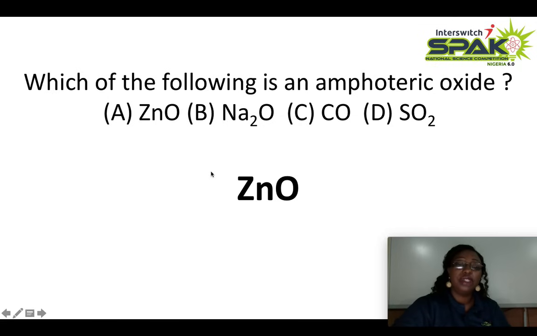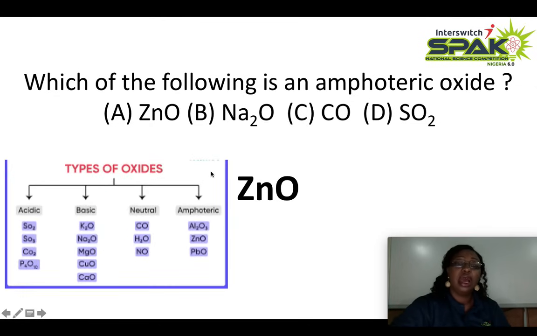Other examples of amphoteric oxides are aluminium oxide, Al2O3, and we also have PbO as well. Now we have types of oxides. I know I've mentioned it once. Acidic oxides are sulfur 4 oxide, sulfur trioxide, carbon 4 oxide, and even phosphorus 5 oxide, that's P4O10.